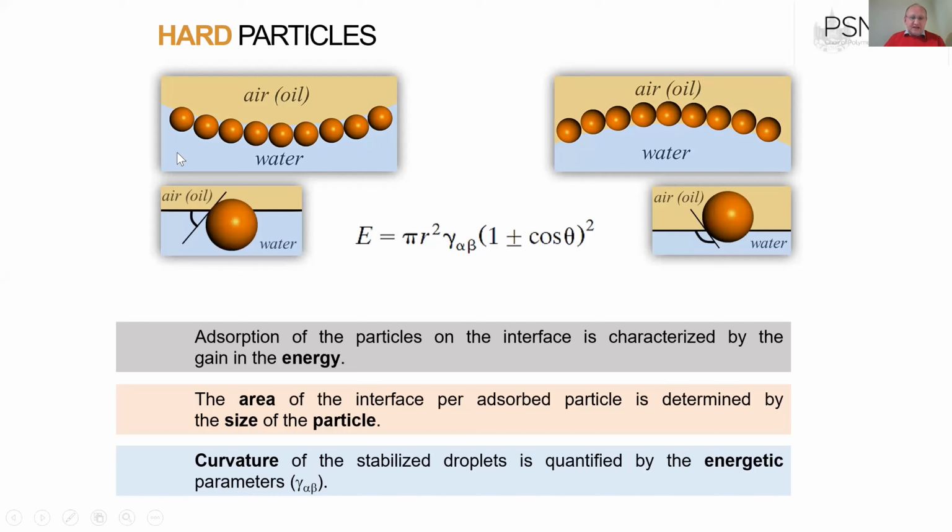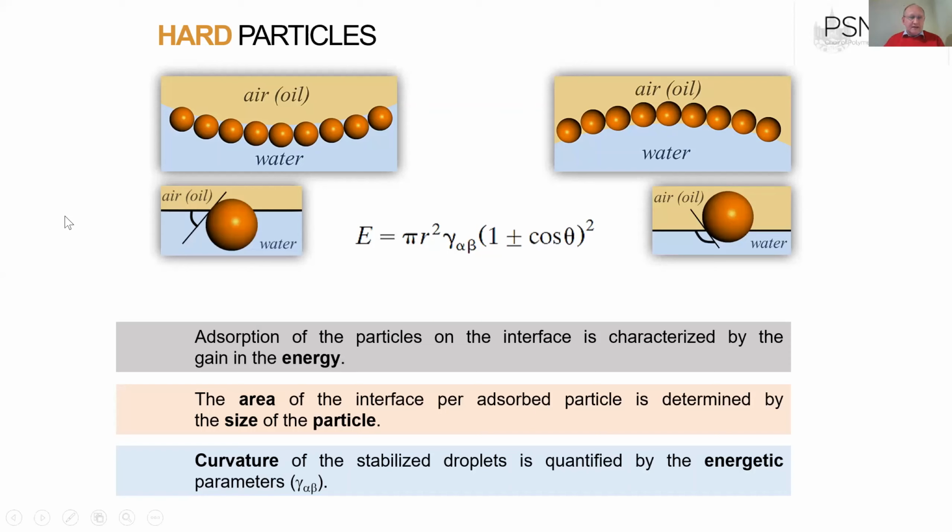They act as surfactants, so they adsorb at the interface, and the driving force for the adsorption is the reduction of unfavorable contacts between oil and water molecules. They reduce, in fact, the surface tension. And the degree of immersion of the solid nanoparticles into different liquids, in fact, defines the curvature of the interface.